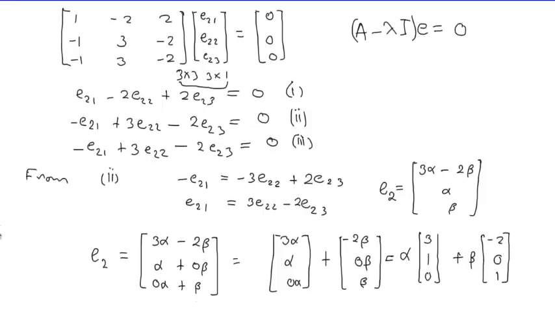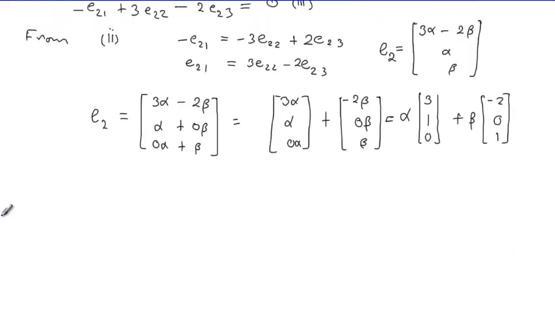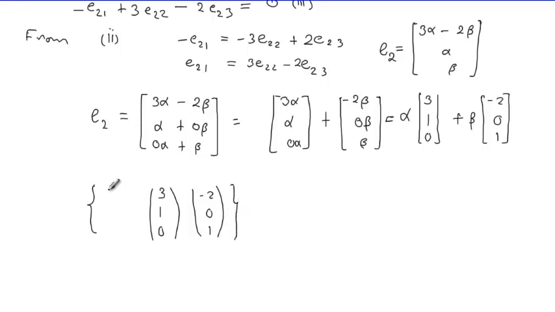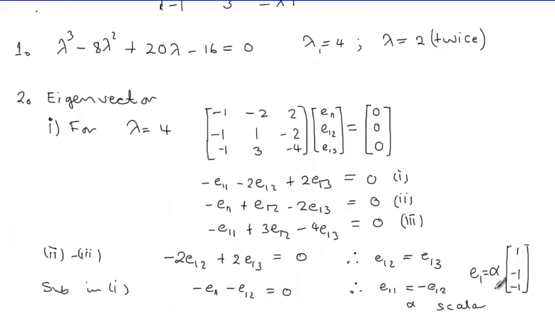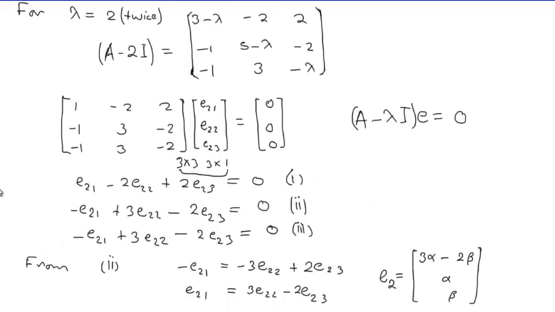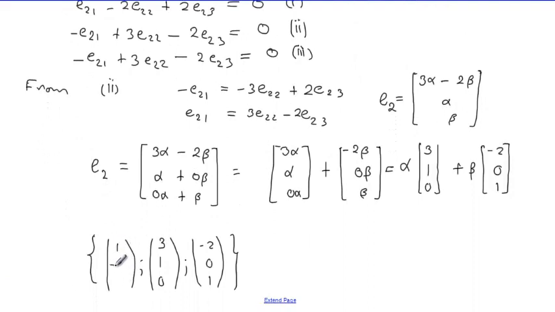So representing all the eigenvectors, the family will be (3, 1, 0), another vector (minus 2, 0, 1), and then for 4, we had the vector (1, minus 1, minus 1).